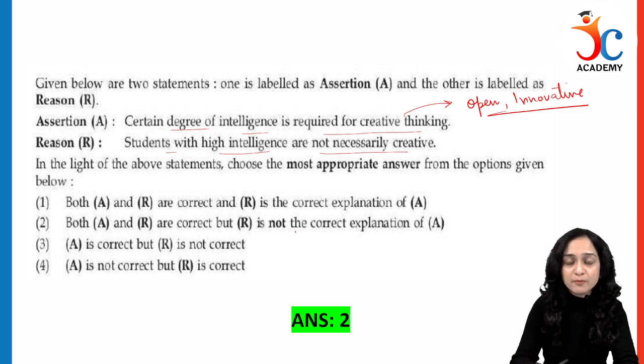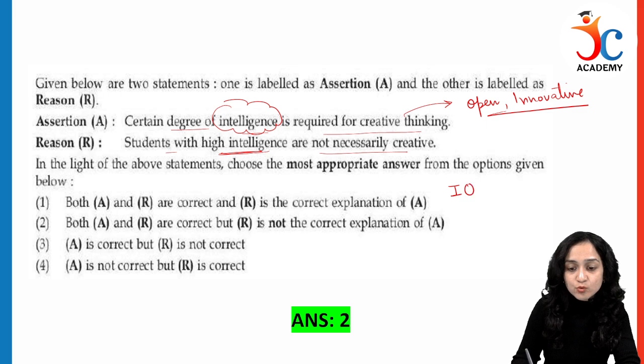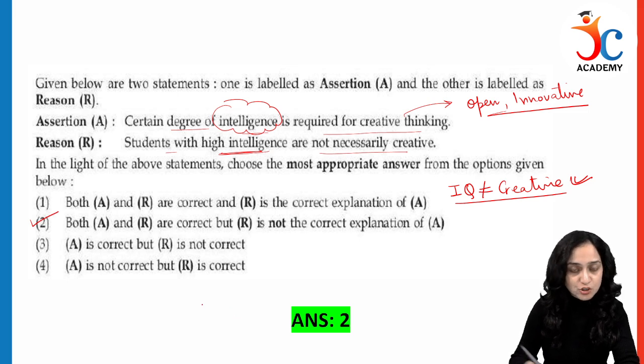You see a problem and how innovatively you can think about a solution, that is creativity. So obviously it requires a certain degree of intelligence, correct? Students with high intelligence or those who have high IQ are not necessarily creative. This is a correct statement. So both A and R are correct, but R is not the correct explanation of A.